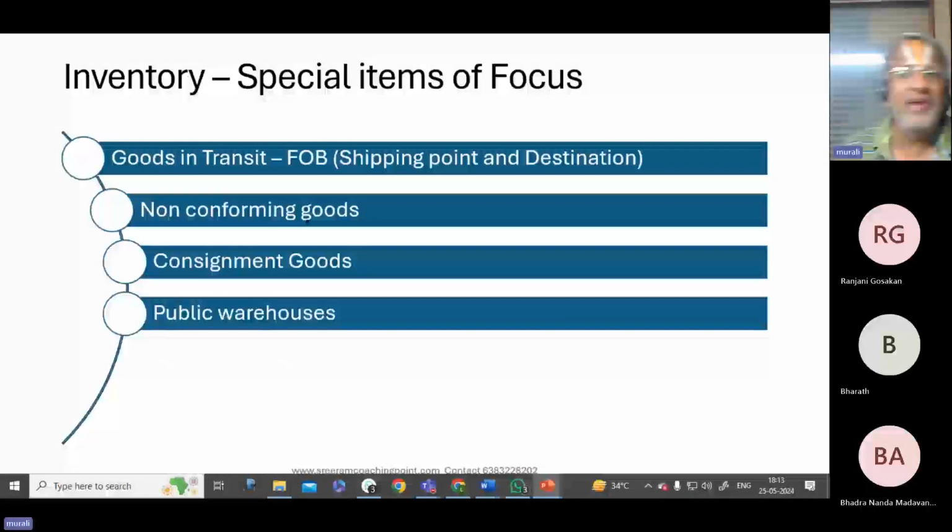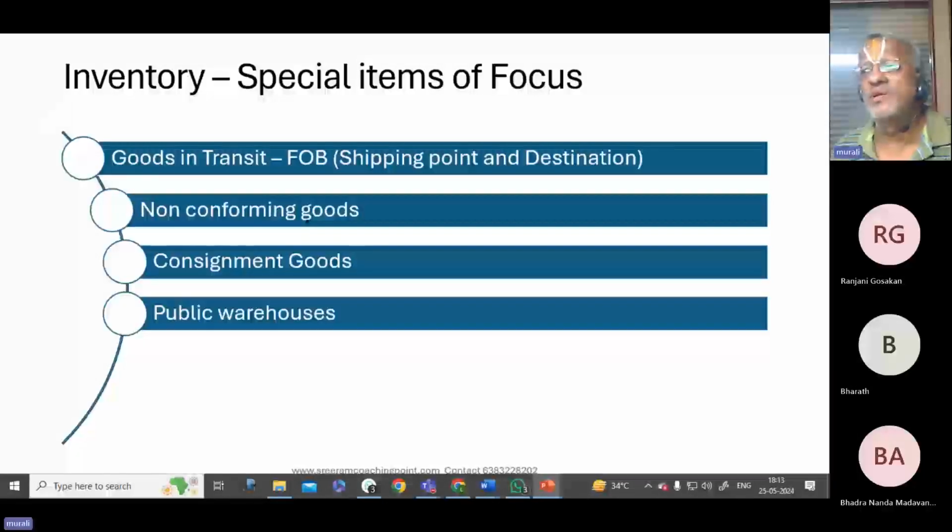Next item, public warehouses. Sometimes the goods are imported or kept for export in certain warehouses. Normally on behalf of the vendor, these items will be stored in outside locations. Why outside locations?